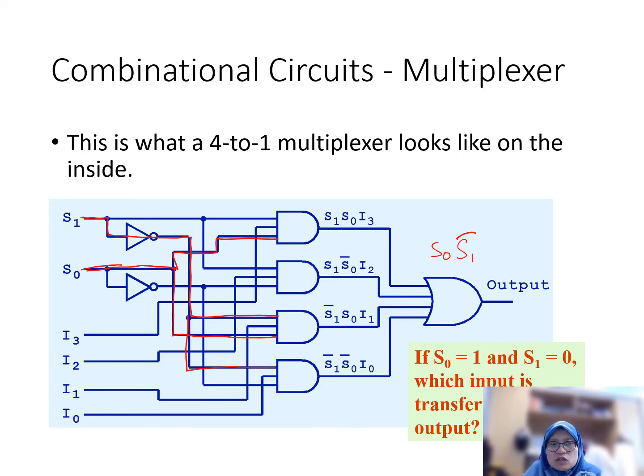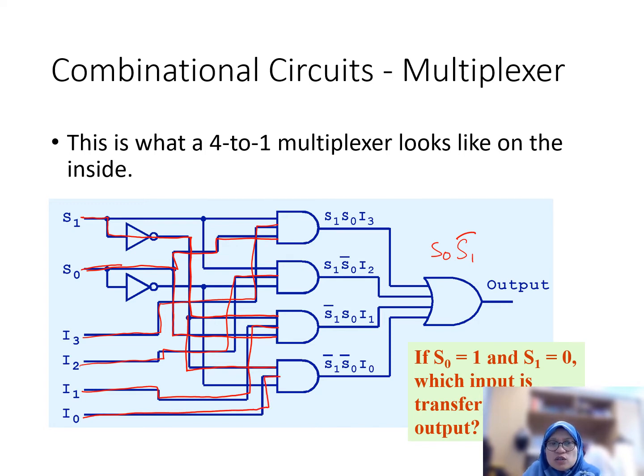So we know that the input is waiting to be sent out. There's a line here and there's a line here. Then I1 is here and I0 is here.